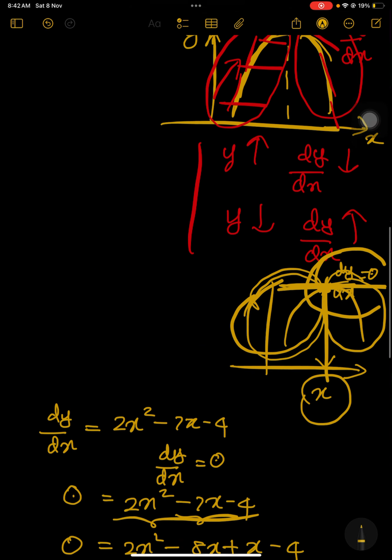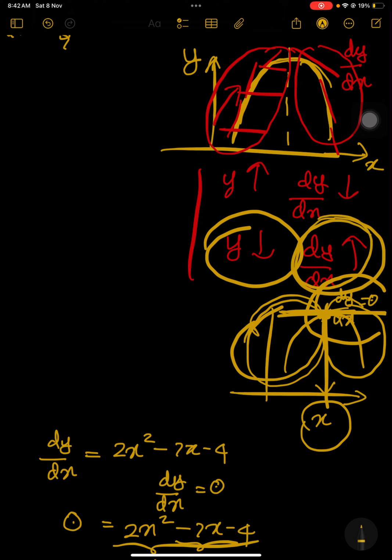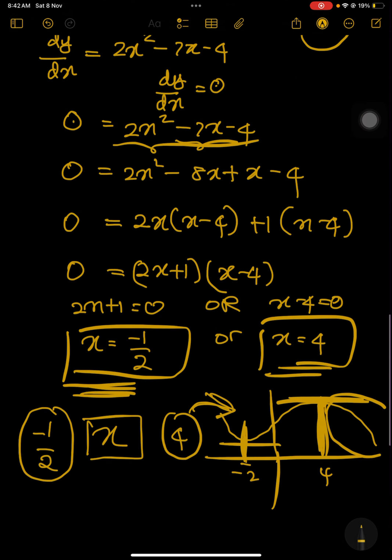Where the slope is increasing, I mean the slope is greater than 0, the slope is positive.